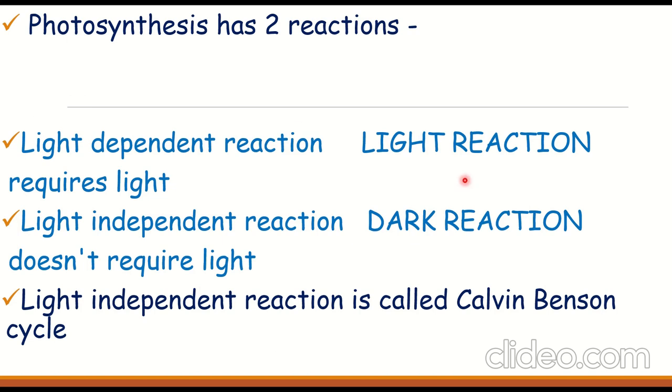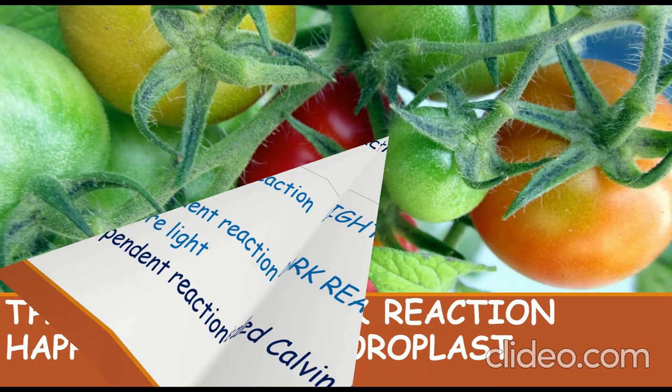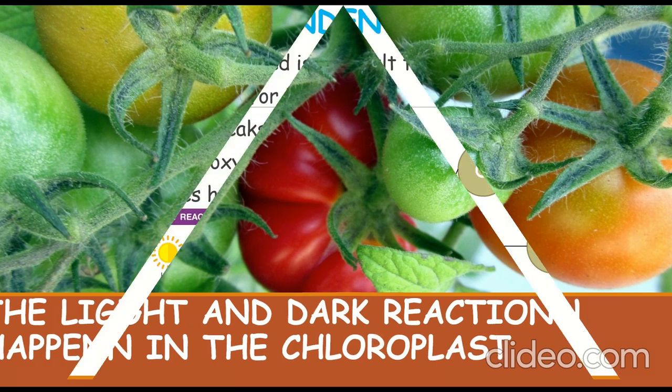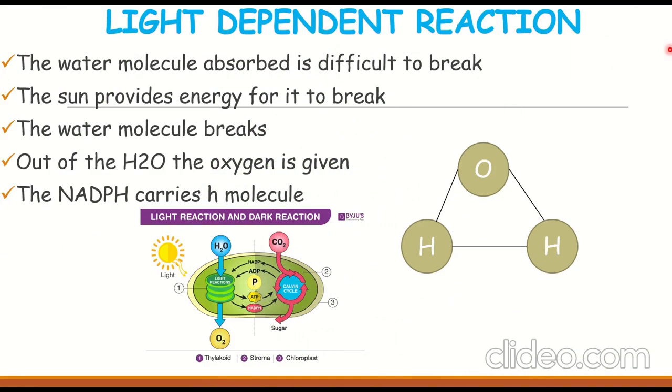Both happen in the chloroplast. We are not going to go into a really detailed explanation, but you will have an idea by the end of this video. So let's see the light dependent reaction first.